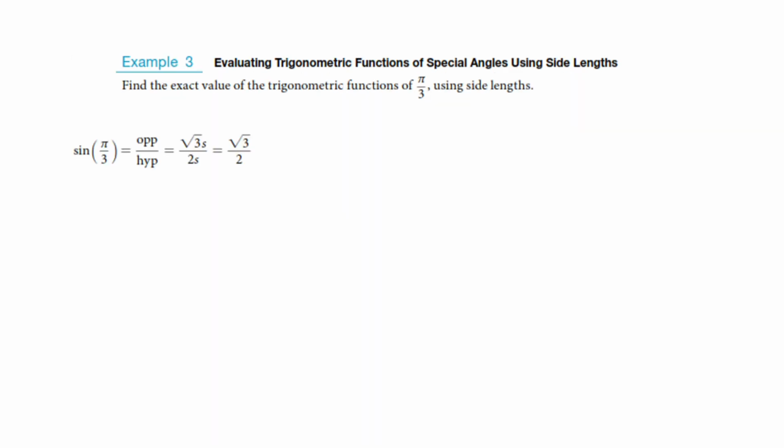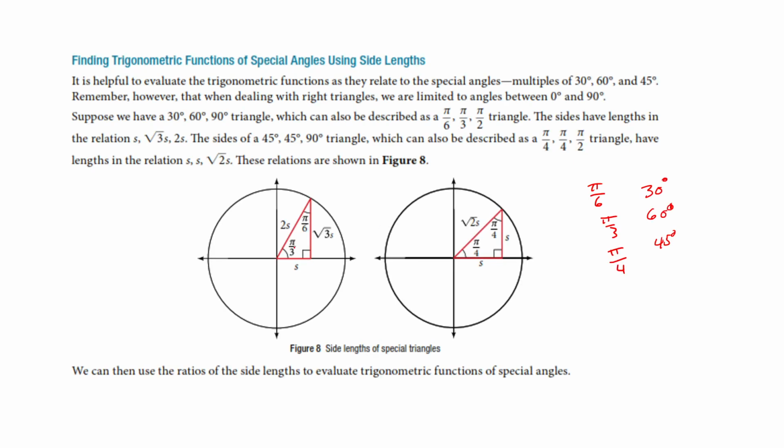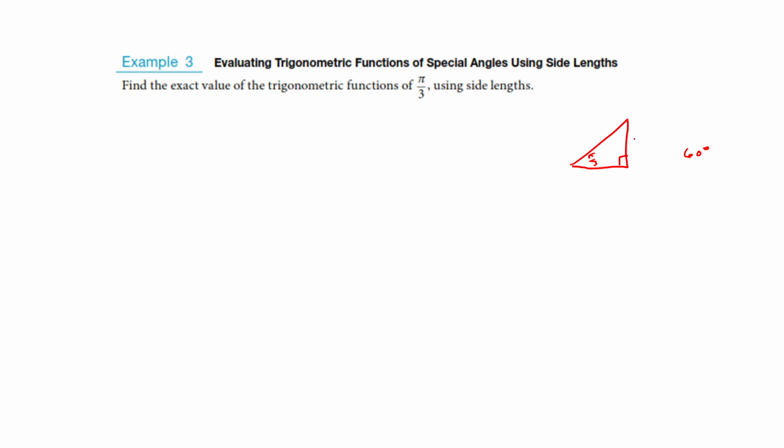So, I was hoping for a triangle here, so let me make one. All right, so we're going to make a right triangle, and this angle is pi over 3, which is the same as 60 degrees. So if we go back, here's what we said. Across from pi over 3 is radical 3s every time.